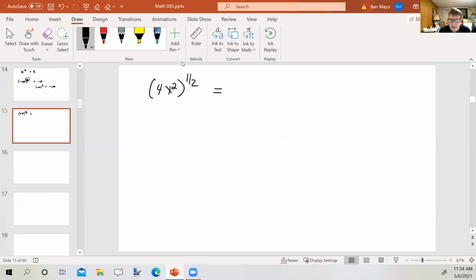So we're going to attach the outside power to each factor inside. So we get 4 to the 1/2 power times x squared to the 1/2 power. 4 to the 1/2 power, that's like the square root of 4, which is 2. A power raised to a power, you multiply the exponents. 2 times 1/2 is 2 over 2, which is 1.